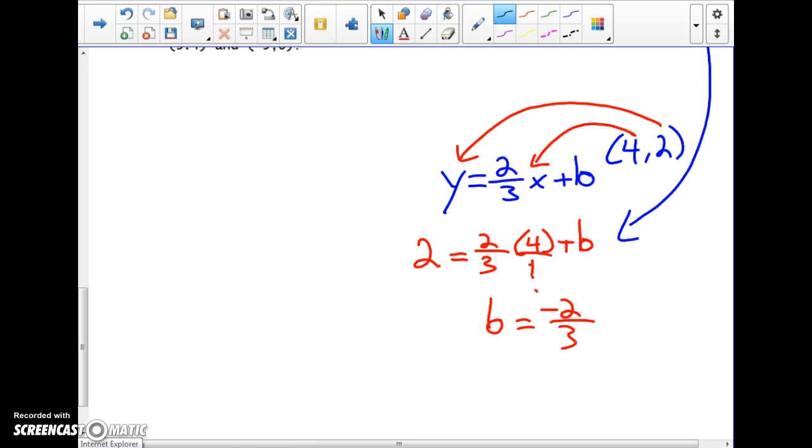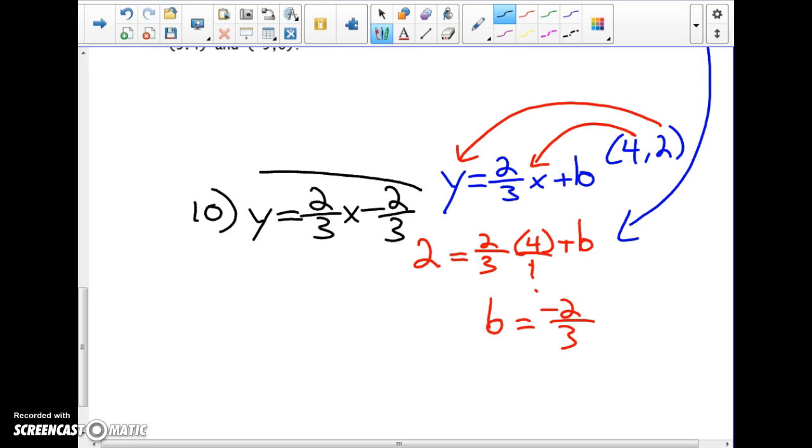So my final answer on number 9 is going to be y equals 2/3 x minus 2/3. And if I were to graph this one, it would show that this line is perpendicular to the original one I had.